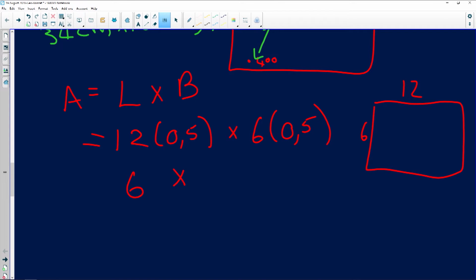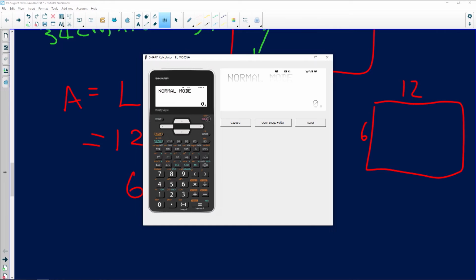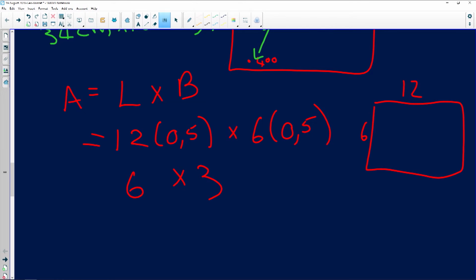Then we look at our breadth. It's 6 times 0.5. Correct answer is 3. Okay. Now, 6 times 3. I'm not going to use my calculator, but I should actually. It's quite easy enough. It's 18 square kilometers.